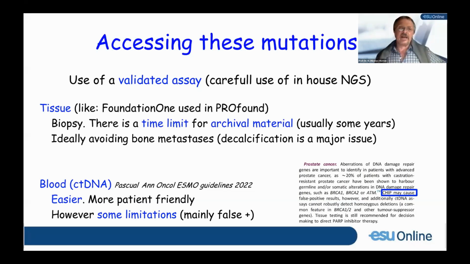Most of these men have bone metastases. Unfortunately, that's probably the least suitable target you should consider. There's a major issue when you use bone metastases, especially that they need to be decalcified, and this might completely change the results. So ideally, it should be either nodal disease, the prostate itself, or visceral metastasis.